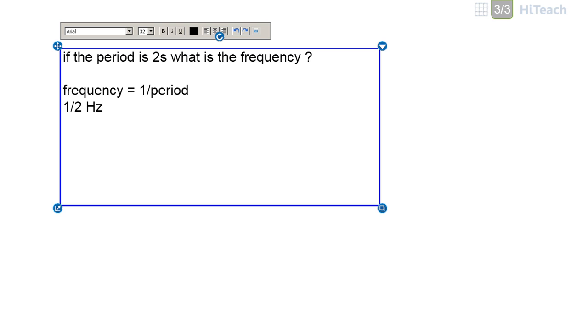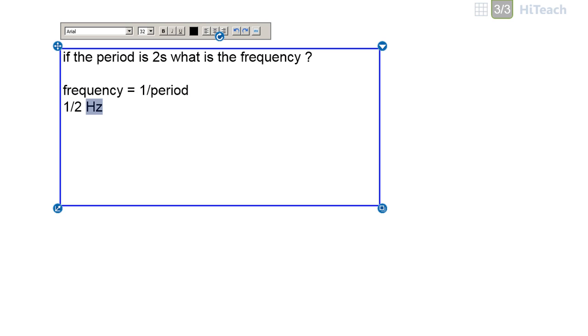Now in any question like this, you first have to write the formula. You have to write it, very important. Then you have to apply the period, which is 2. Then you have to write the unit.